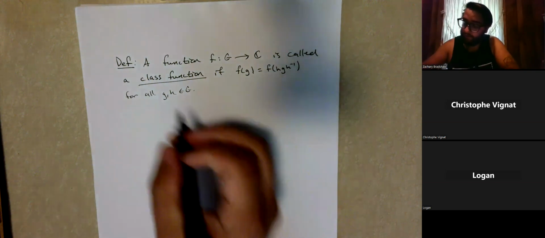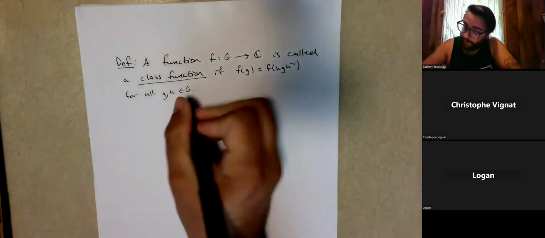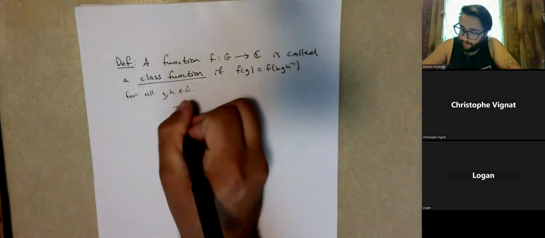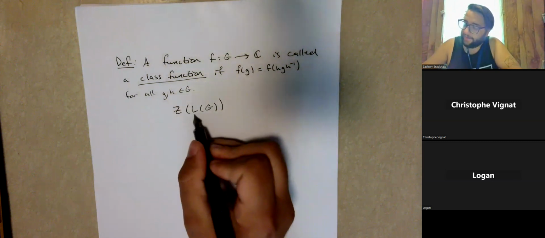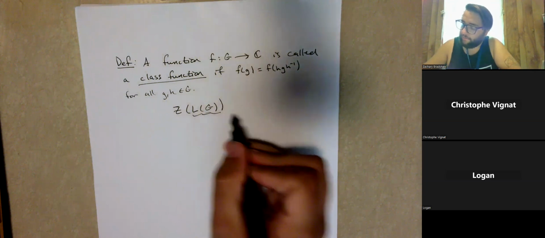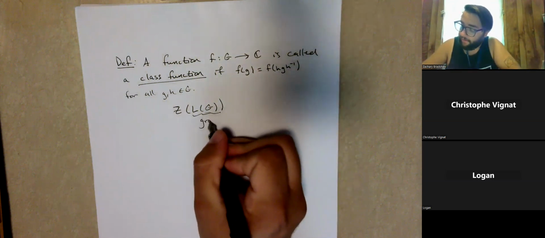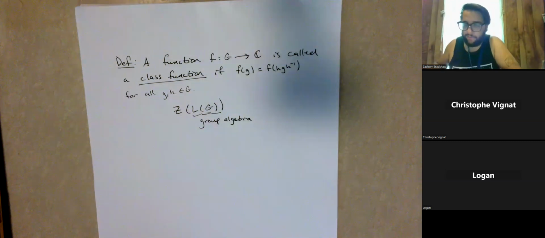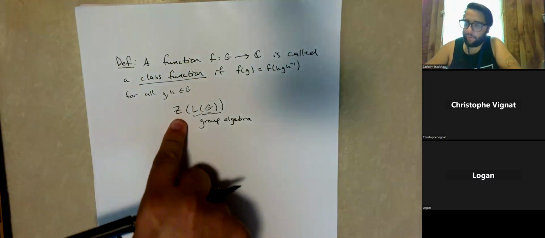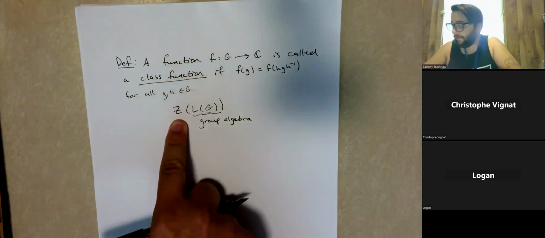So the space of class functions is denoted Z of L of G. This L of G was what we called the group algebra. And if you've taken a little algebra, you'll know that this Z symbol here is usually used to denote some kind of centralizer.